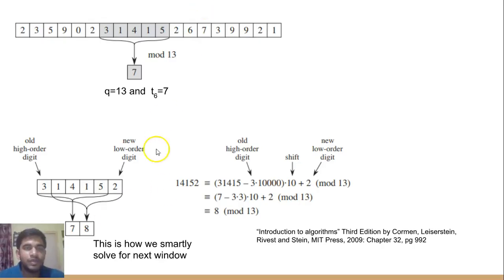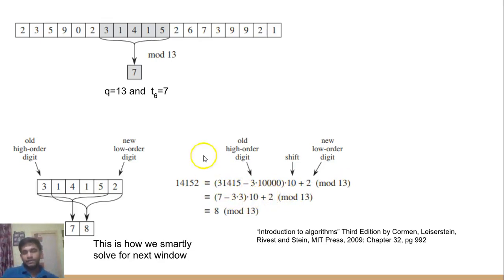So T6 we calculated as 7 here. To solve for T(S+1) or this part of the number, this number can be written as the original number minus 3 multiplied by 10 raised to the power m minus 1, into 10 plus 2, and then we take the mod with 13. The mod with 13 propagates inside this 31415 mod 13.